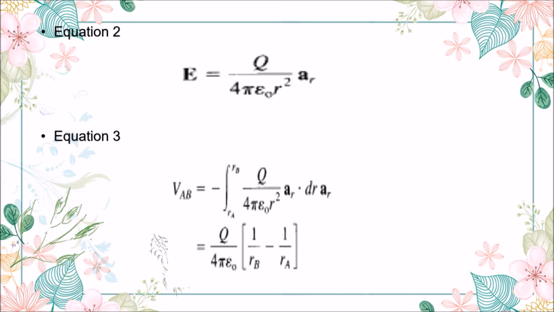As an example, if the electrostatic field E, as in the previous figure, is due to a point charge Q located at the origin, then E will be as shown in equation 2. Then, by substituting equation 2 into equation 1, shown in the previous slide, the electric potential VAB will be as shown in equation 3.